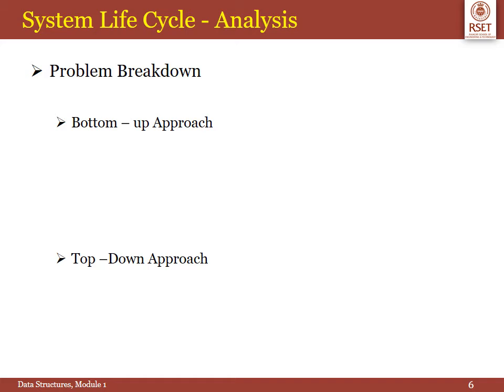So we write the algorithm for all the subprograms, find each subprogram's inputs, outputs, and specifications, and define all those things before we go into the coding phase. Normally in the software industry, most complex programs are done using the top-down approach.